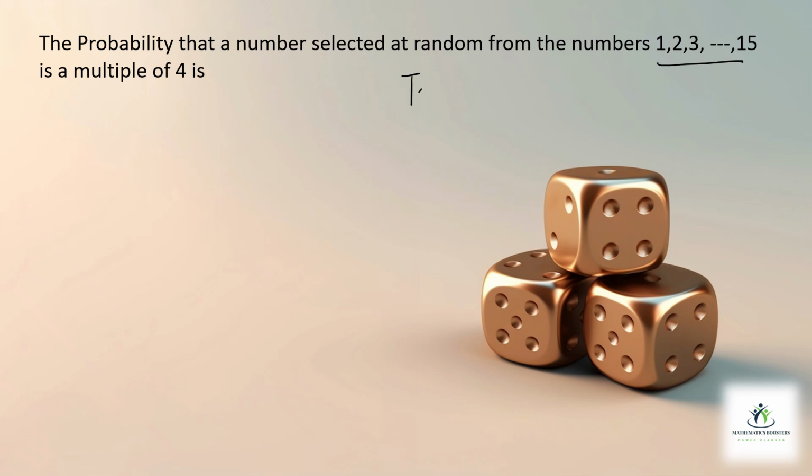So total we have 15 numbers, and multiples of 4 are 4, 8 and 12. So total 3 numbers, hence the probability of the event is 3 by 15, which is 1 by 5.